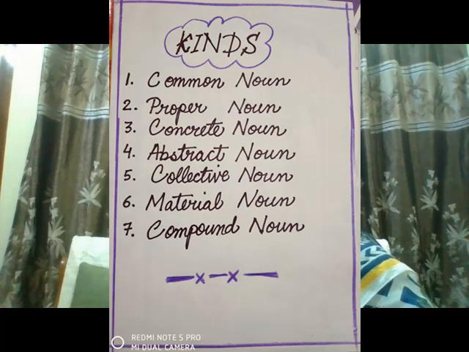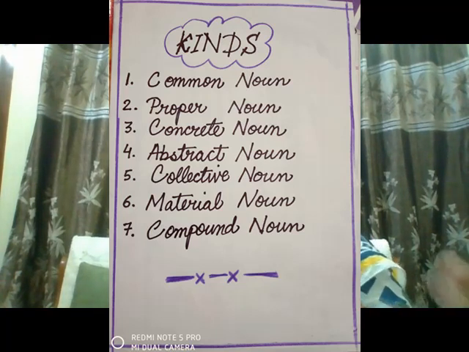Again listen to the names. On number 1 we have common noun, then second proper noun, then third we have concrete noun, fourth we will discuss abstract noun, on fifth is collective noun, on sixth we have material noun, and the last which we will discuss, on number 7, is compound noun.